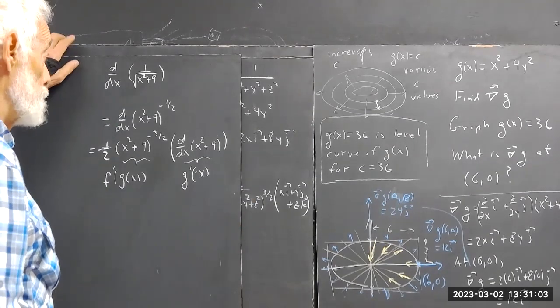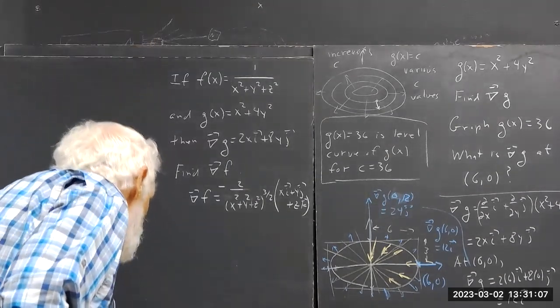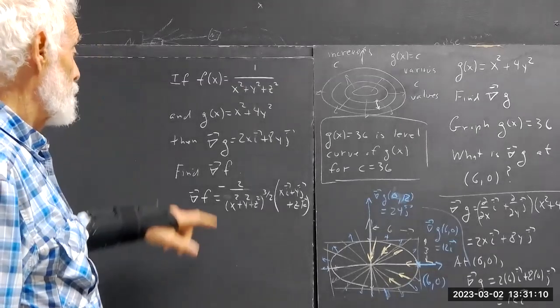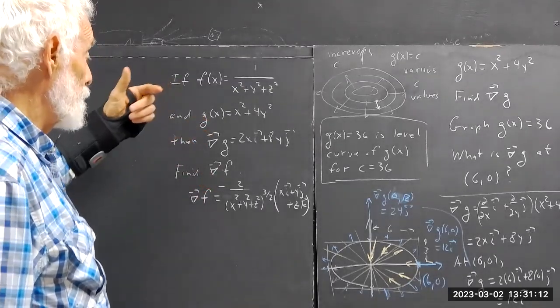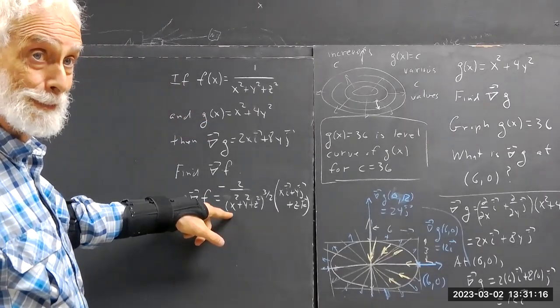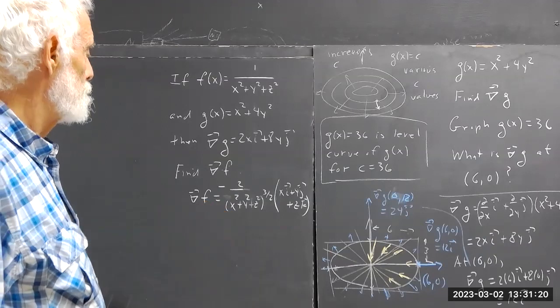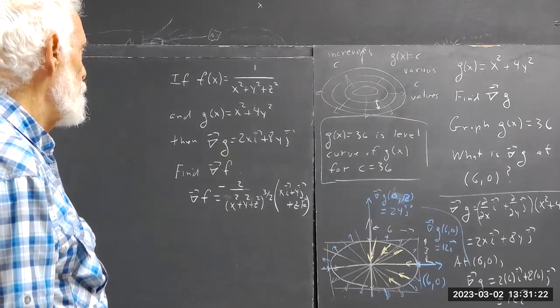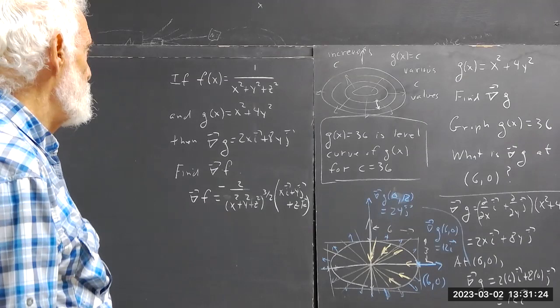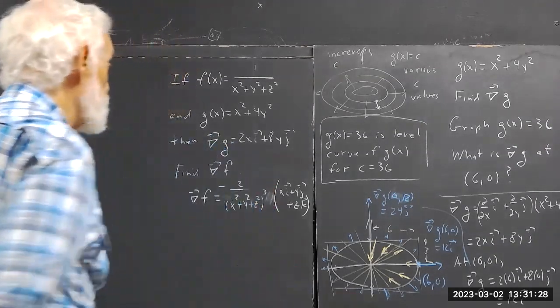Okay, well, you apply that to this, and you find that your partial with respect to x is going to have a 2x, right? It's just huge.